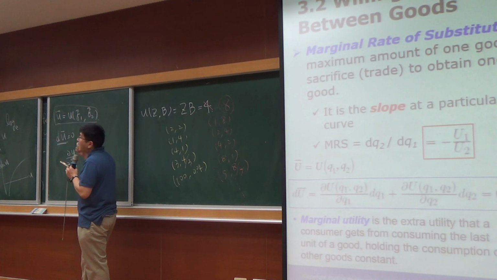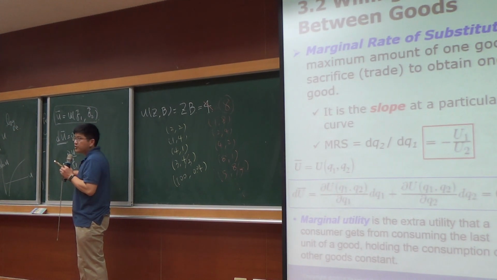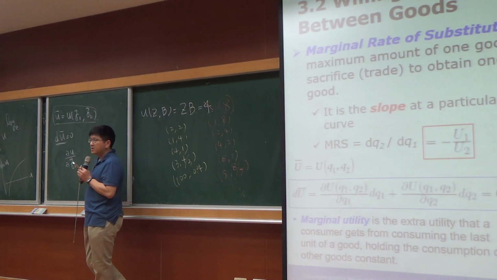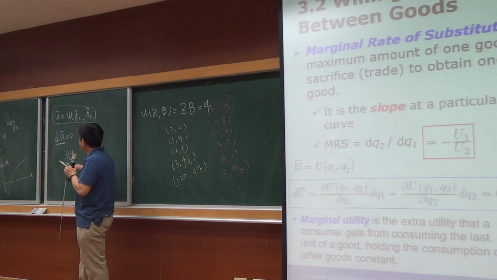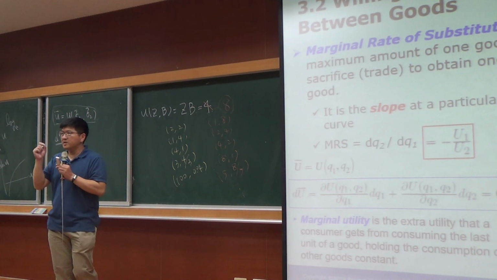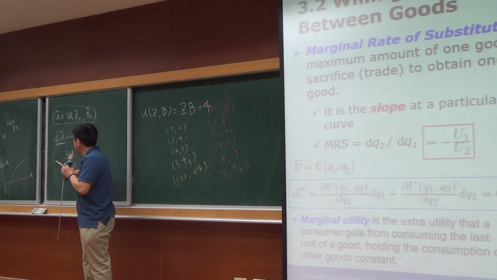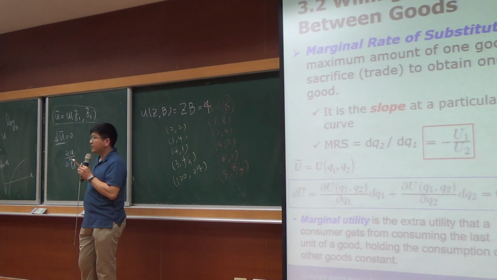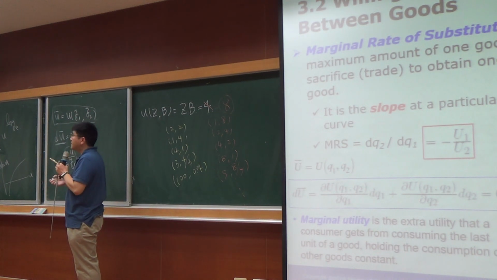We want Q2 unchanged so that we may evaluate the effect of the change in Q1 on the change in U. Is that clear? So partial U, partial Q1 means an extra change or a 1 unit change in Q1. We want to know the effect of this on the utility level. And this is the marginal effect.